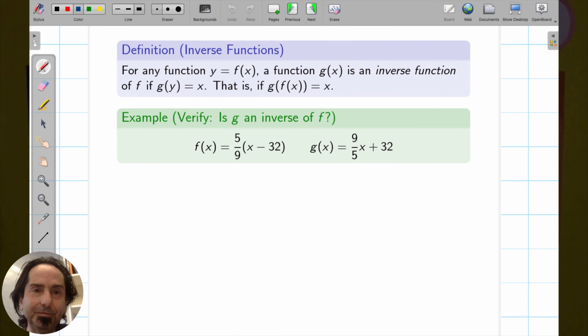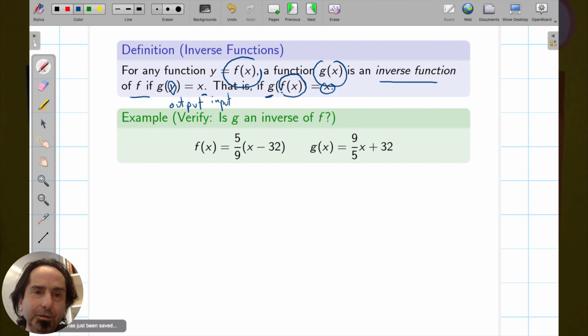So let's go ahead. Let's get the actual definition of an inverse. If we have two functions, f and g, we say that g is an inverse function for f if g takes the output of f and gives you back the input. And so we just have to check.